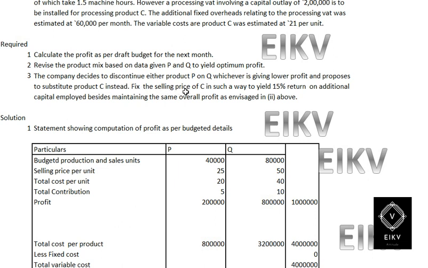Fix the selling price of product C in such a way as to yield 50% return on additional capital employed, maintaining the same overall profit as envisaged in requirement 2 above.